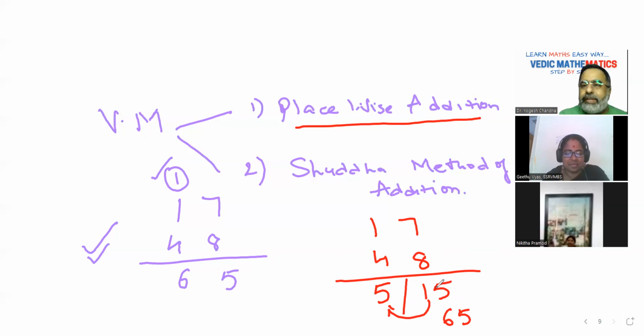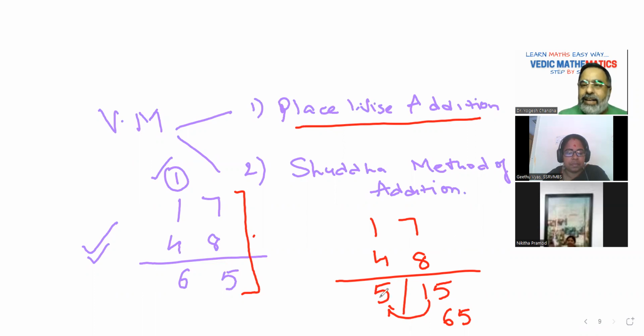Now, what is the difference? The difference is if a child has to recheck this, they have to solve the same question again. But if they have to recheck this, the answer is clearly in front of them. 7 and 8 is 15. 1 and 4 is 5.